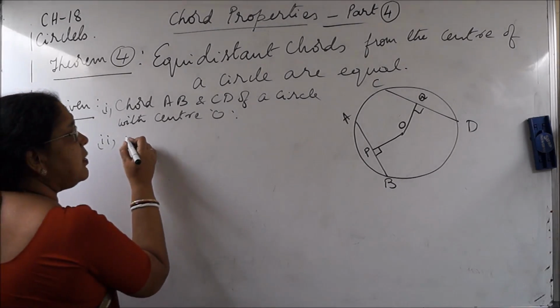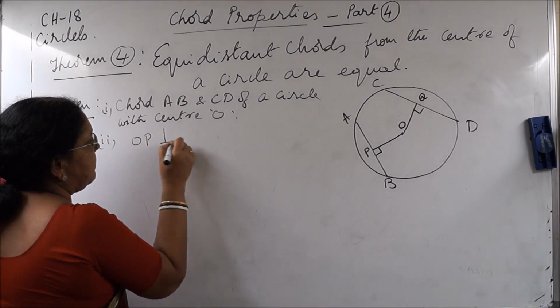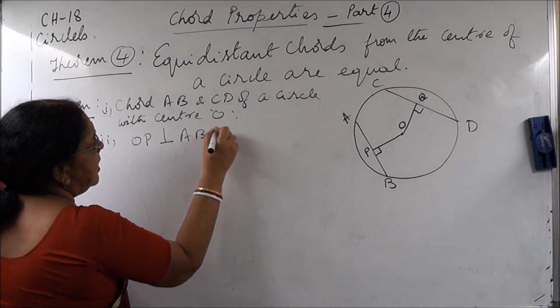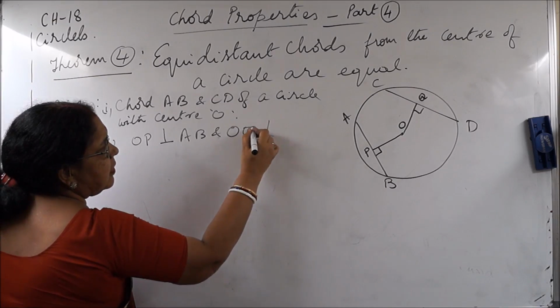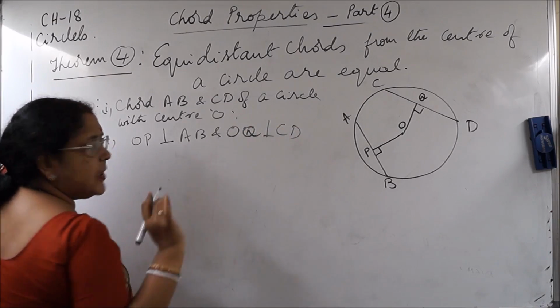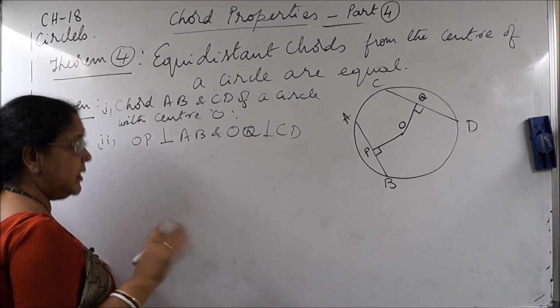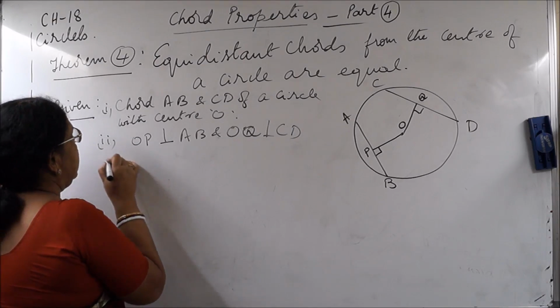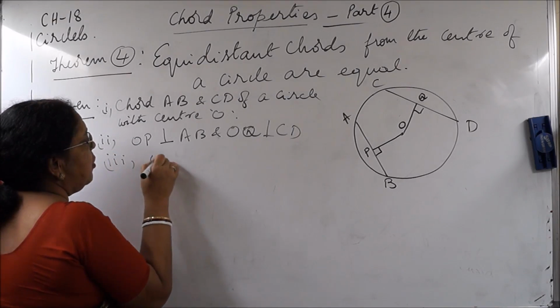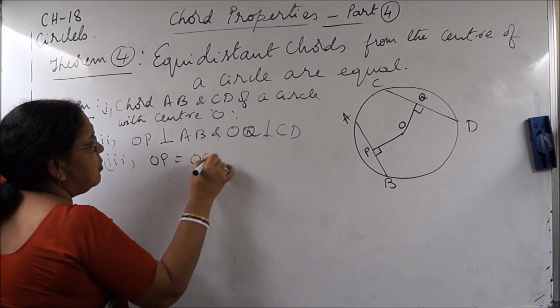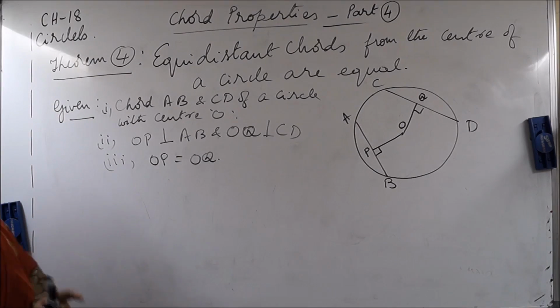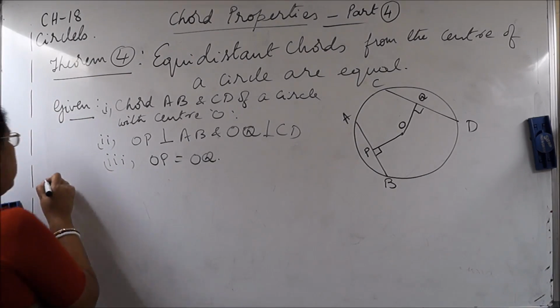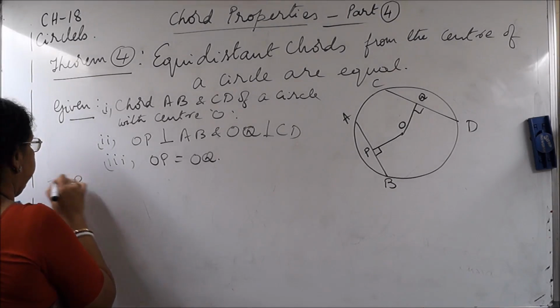So first thing we know, OP is perpendicular to AB and OQ is perpendicular to CD. Because they are equidistant, it has to be perpendiculars. And they are equidistant means we know that OP is equal to OQ. So what are we verifying? Whether chord AB is equal to chord CD. That is what we want to prove or verify.